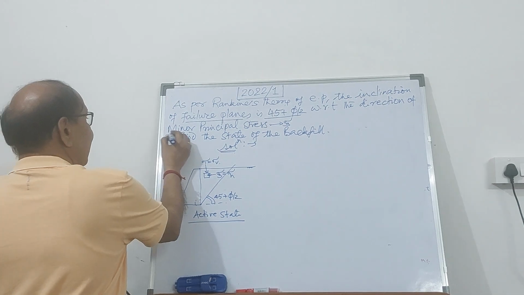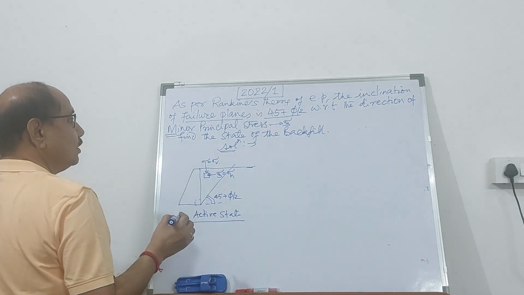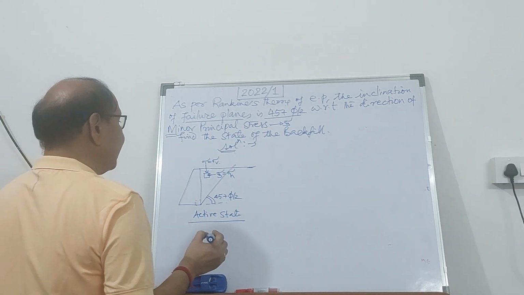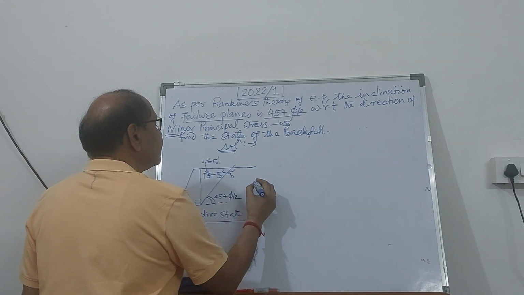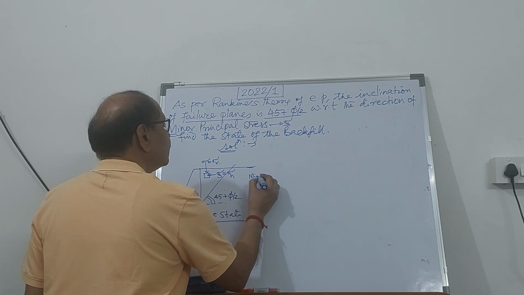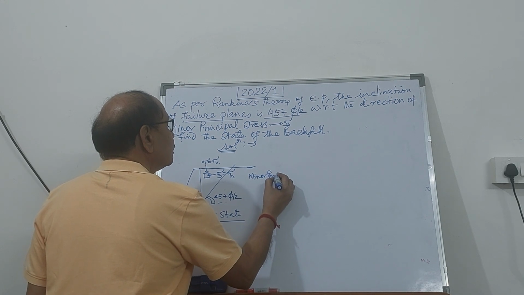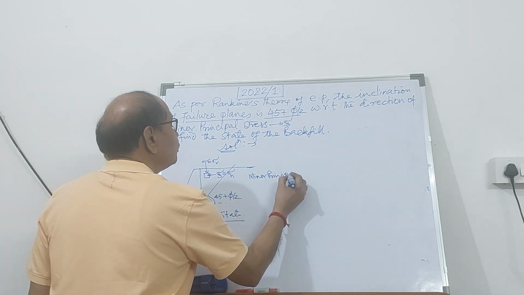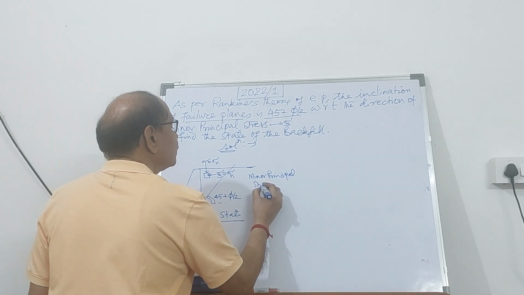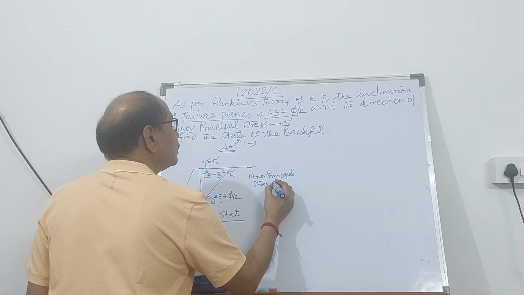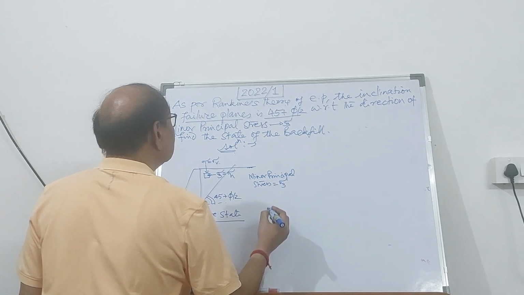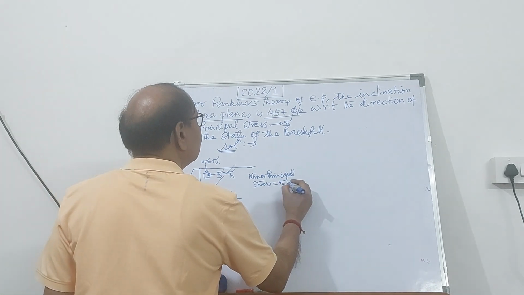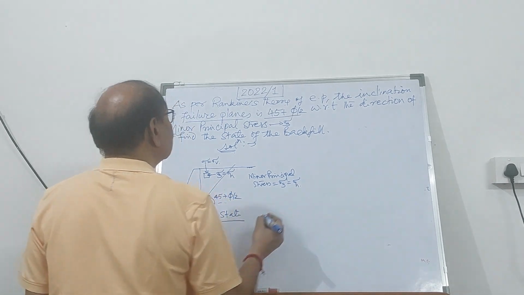Now, here it is the minor principal stress. So the minor principal stress is acting on the vertical plane. Here, the minor principal stress sigma 3 equal to sigma h.